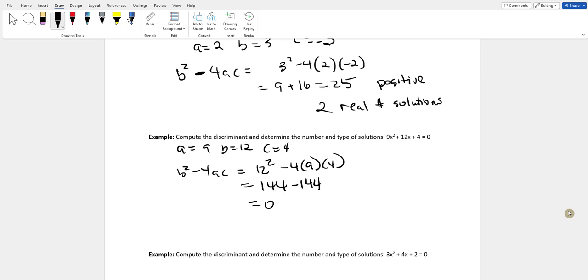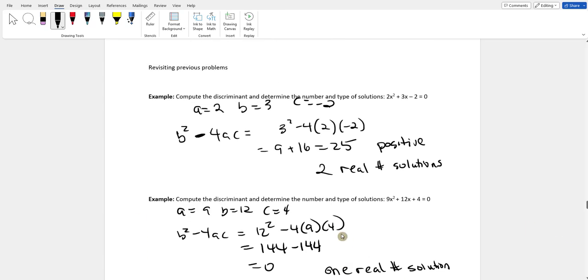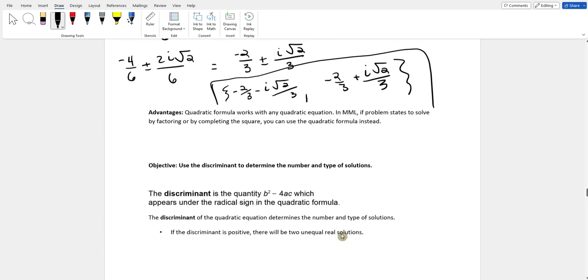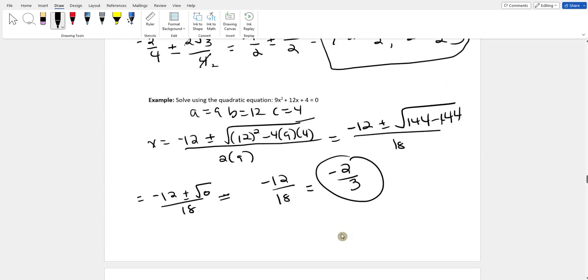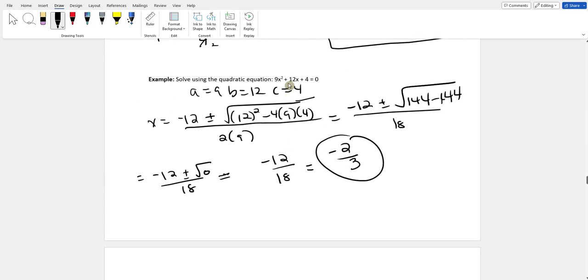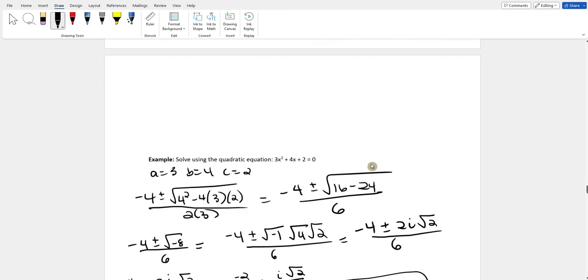Okay? Since the answer is 0, that means we're going to have one real number solution when you solve the quadratic equation. So we did this already, 9x squared plus 12x, let's scroll up. And that's this problem right here, this last problem here. As you can see, when we did this problem, we got one answer, just as the discriminant suggested.